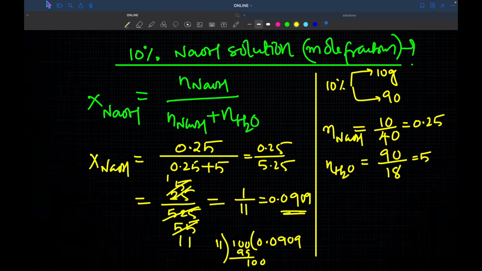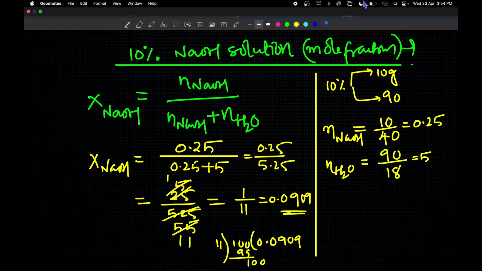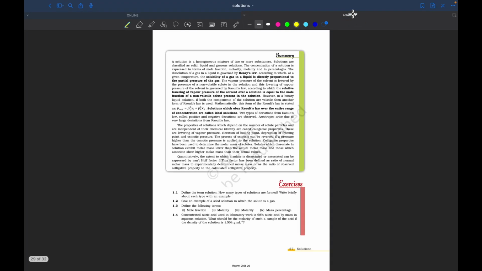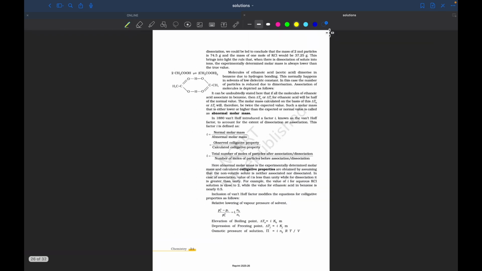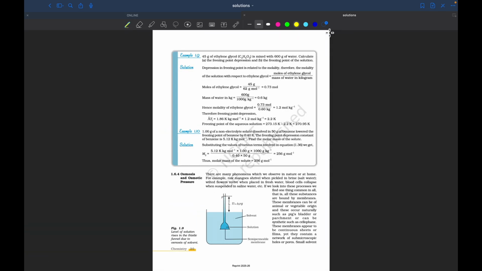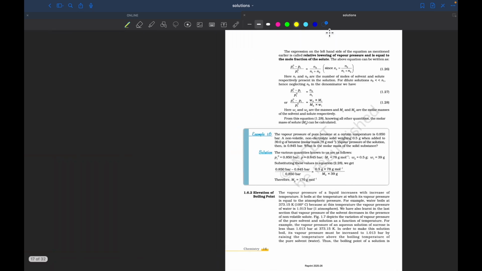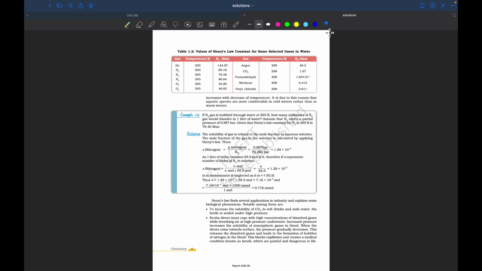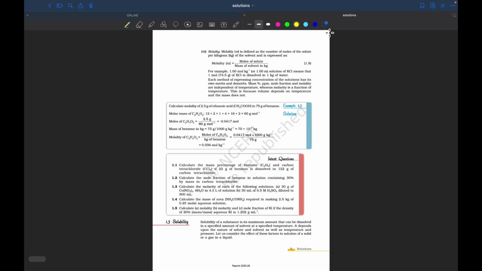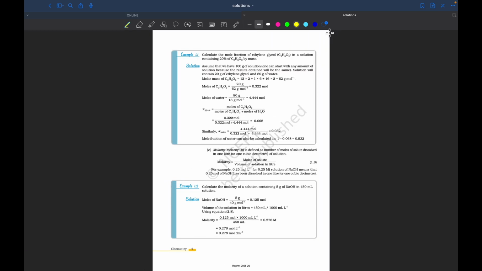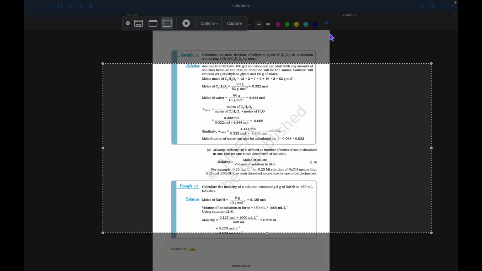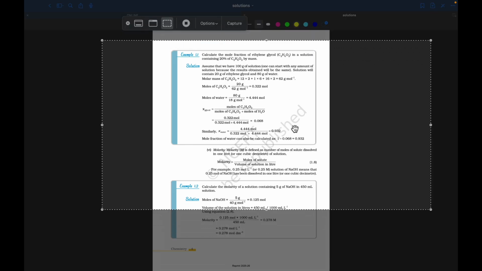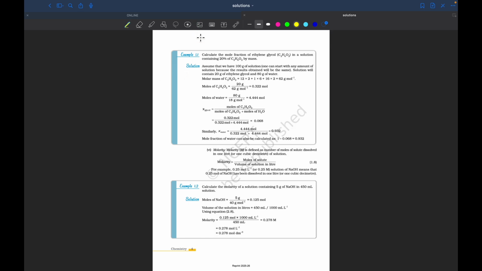Okay, so we will take one question from NCERT. We need to calculate the mole fraction of 20% ethylene glycol.